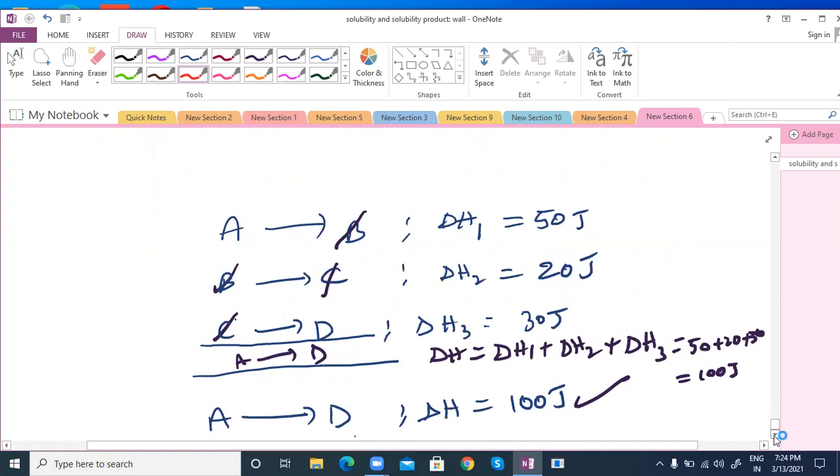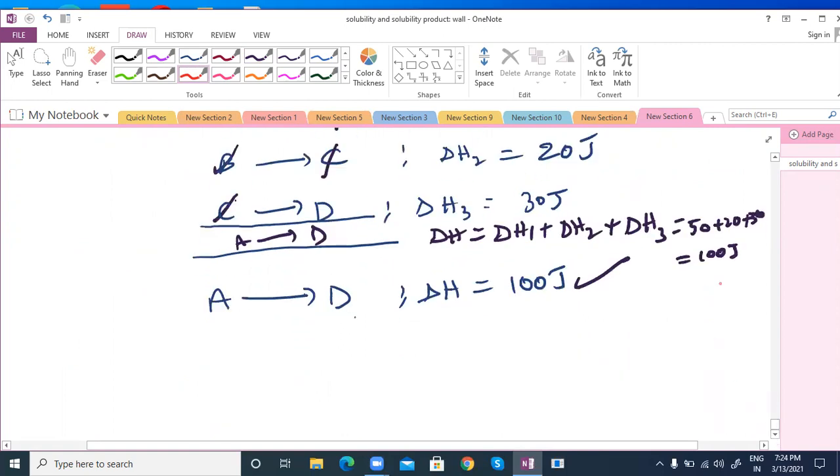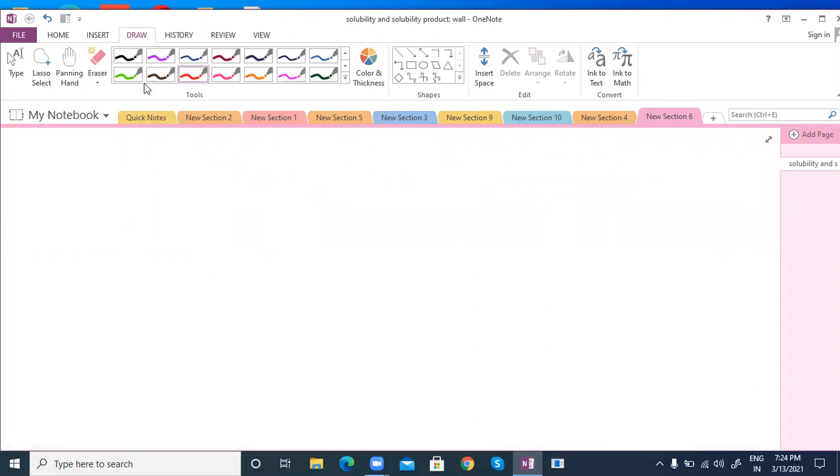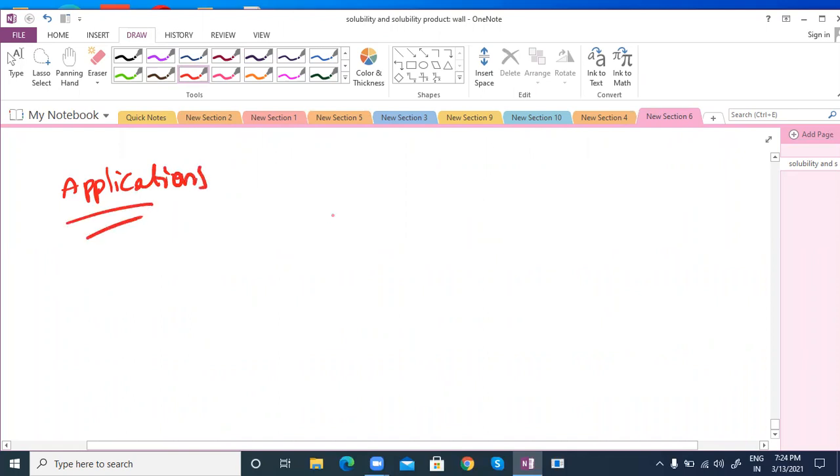Now we can see the applications. We can even prove this with a very classical example involving carbon monoxide. Here they give the formation of carbon dioxide: C plus O2 gives rise to CO2. This is gas state, and C is solid.